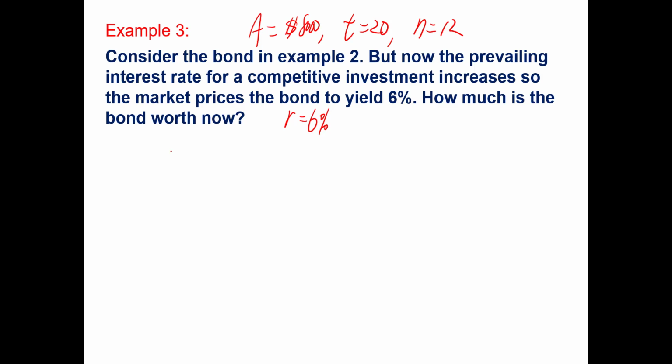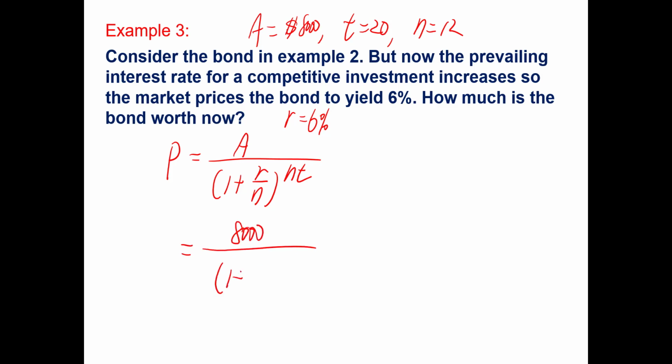So one more time, we're solving for P, right? So it's going to be P equal to A over (1 plus r over n) to the nt. So you can directly jump to this and get P by itself. Now we throw in all the numbers: 8,000 over 1 plus rate 6% over 12, raised to 12 times 20, that's still the 240 power.